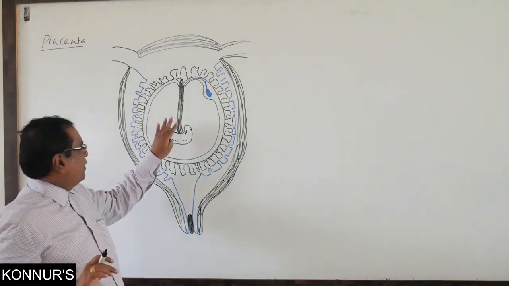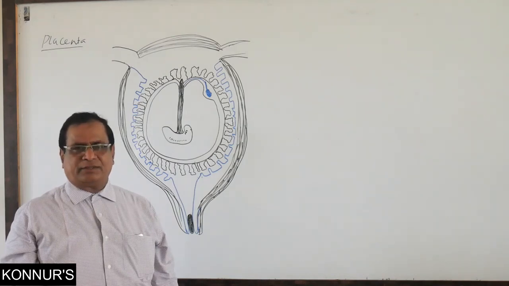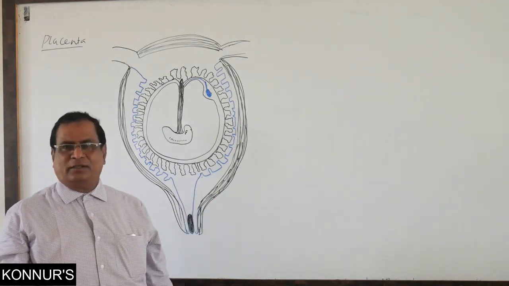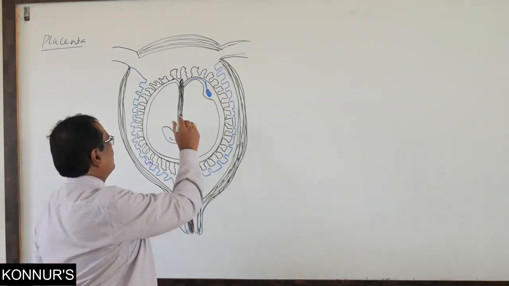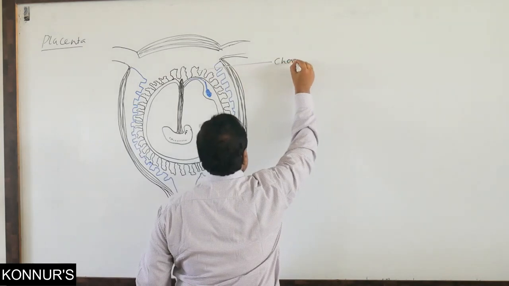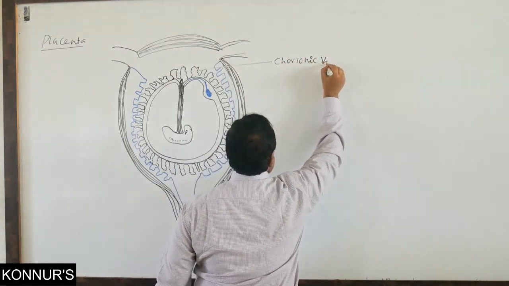That embryo is covered by trophoblast. The peripheral portion of the trophoblast has chorionic villi.